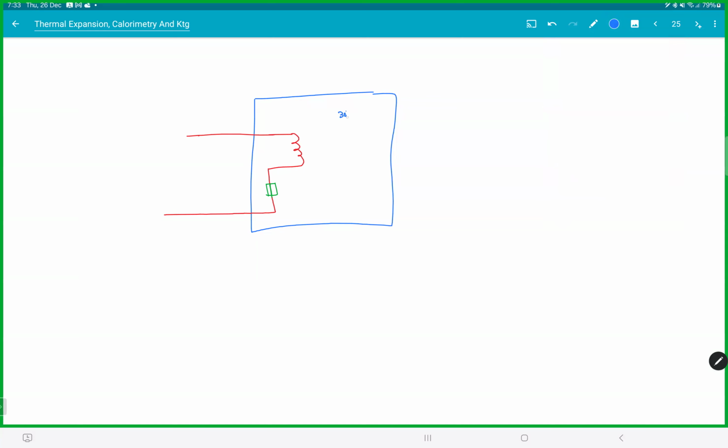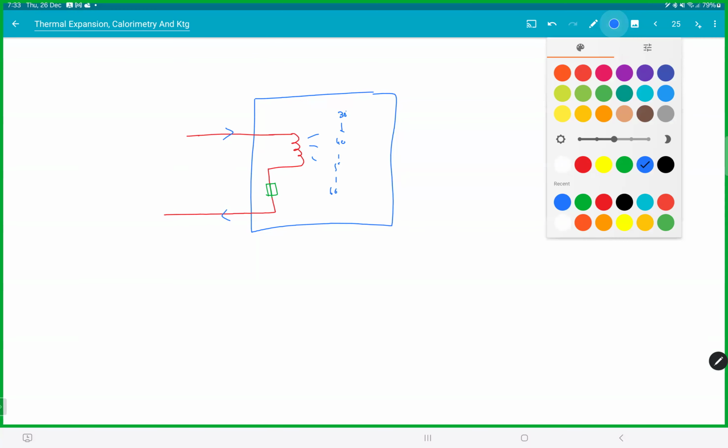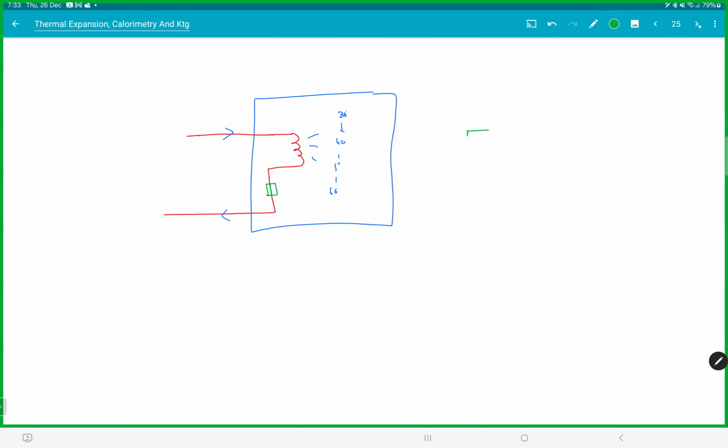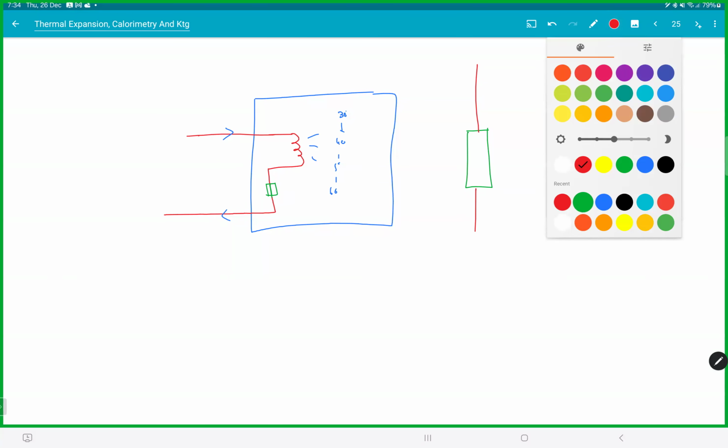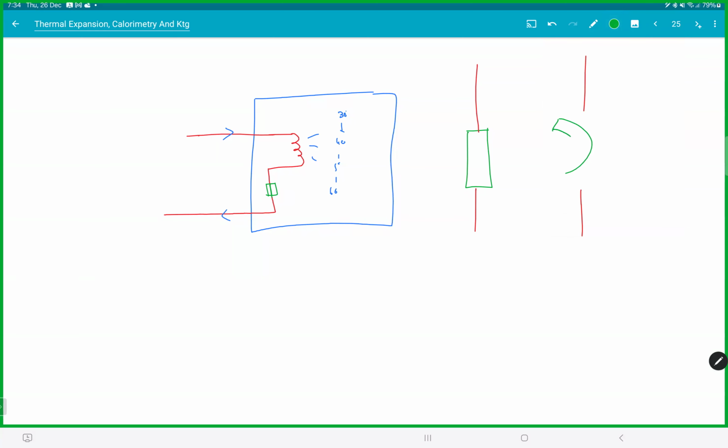You switch on the circuit. Current is flowing through the circuit. The heater will produce heat. The room temperature will increase, 40, 50, and let's say the moment it reaches 60, the bimetallic strip, which is touching the wires, will suddenly bend. It will become like this.